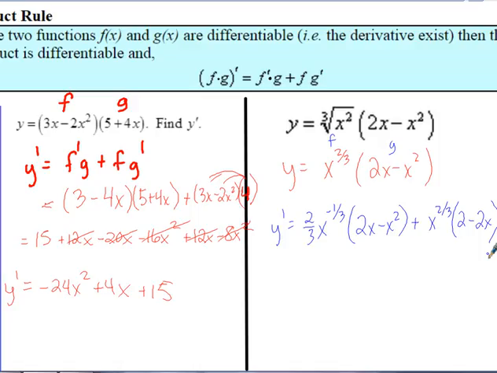Very good. And then now distribute and simplify, right? Does everybody see that this is being distributed?